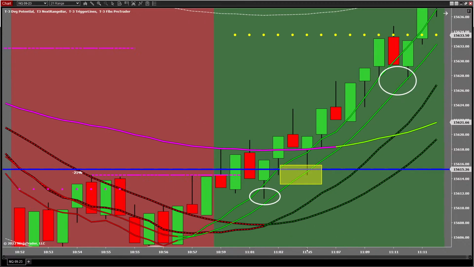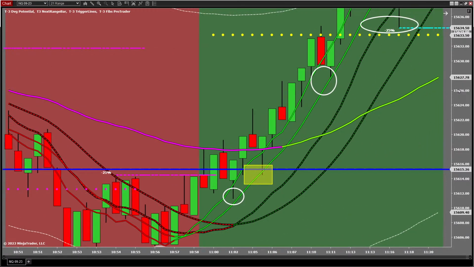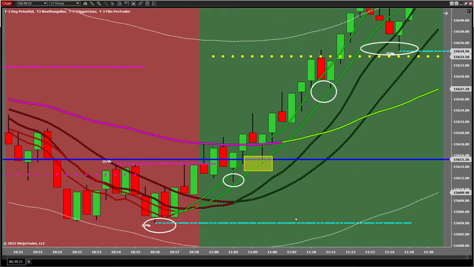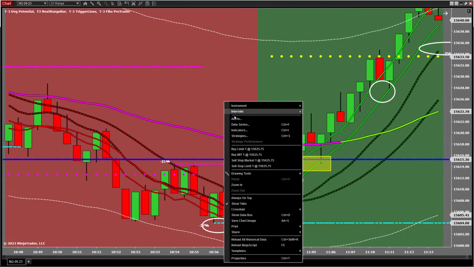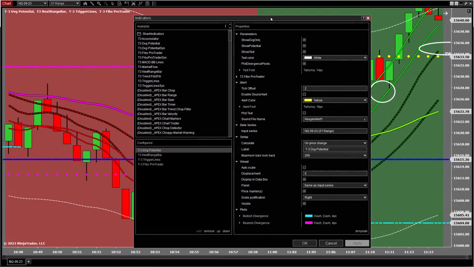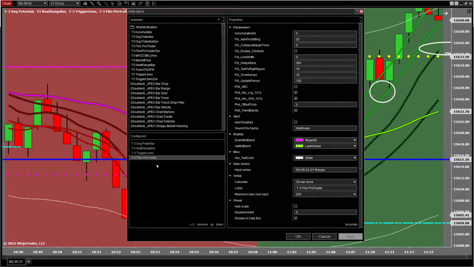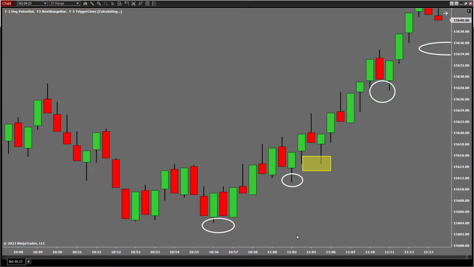All right, so just trigger lines. Would you guys agree, without the benefit of any other charts or any other information? Watch, I'll even go further. Take the Pro Trader off of here for a second.